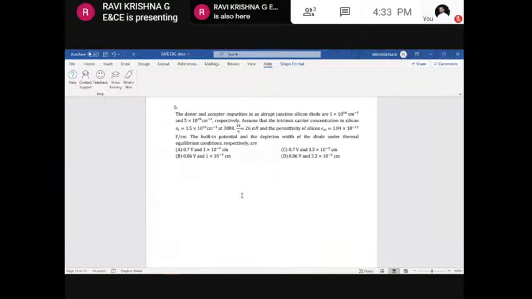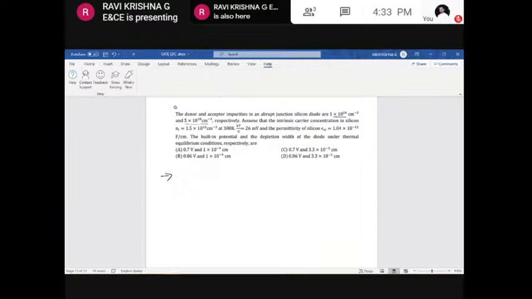Okay, and again I'll just give the idea for this problem. You can solve this. Here the donor and acceptor impurities in an abrupt silicon junction diode are given as 1 × 10 to the power 16 per cubic centimeter and 5 × 10 to the power 18 per cubic centimeter.